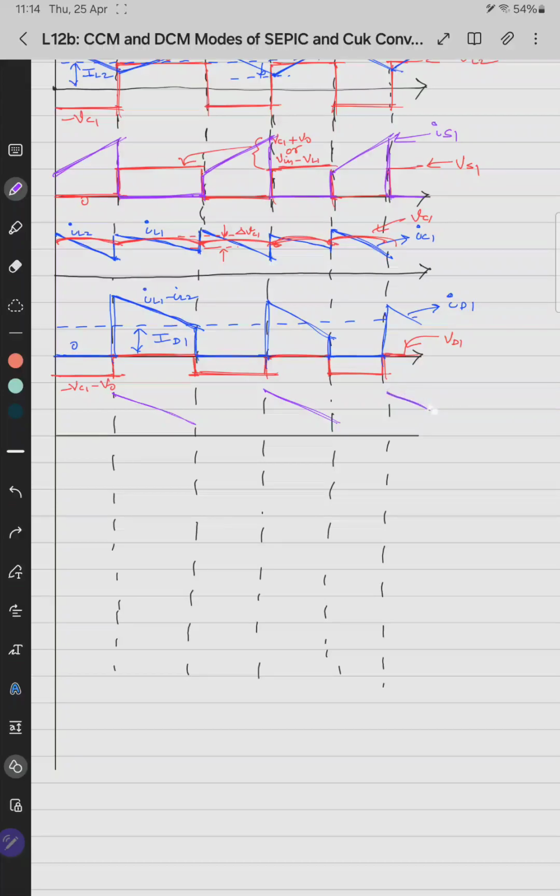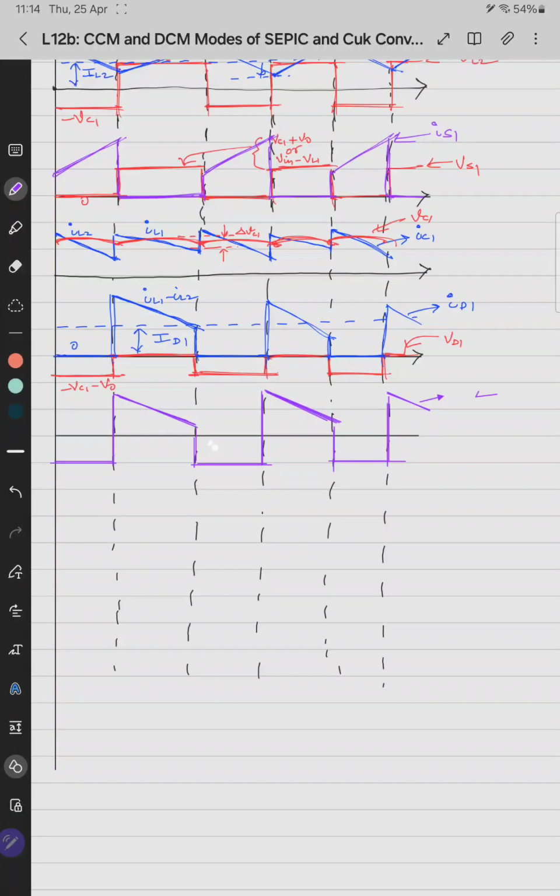A waveform with a big slope, because the waveforms IL1 and minus IL2 are added. So this waveform should have zero average value. This is the waveform of IC2.